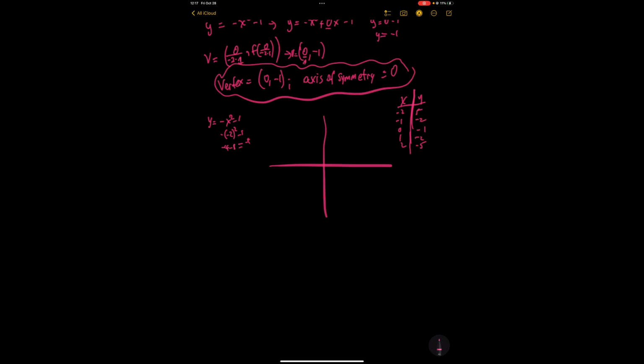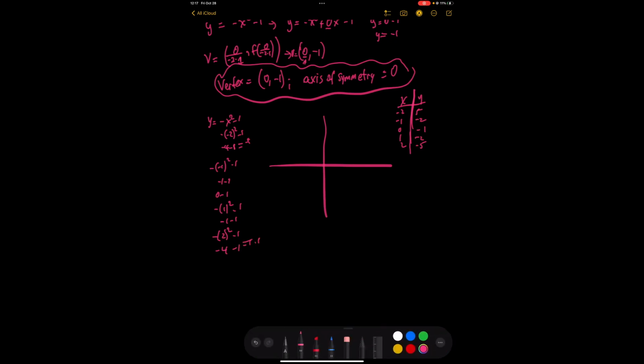Yes, because if it's negative 1, that will be negative 1 squared minus 1, which is 1 minus 1, so negative 2. 0 is going to be negative 1. 1 is going to be negative 1 squared minus 1, which is negative 2. And 2 will be 2 squared minus 1, which is negative 4 minus 1, equal to negative 5. So we already have that right here.